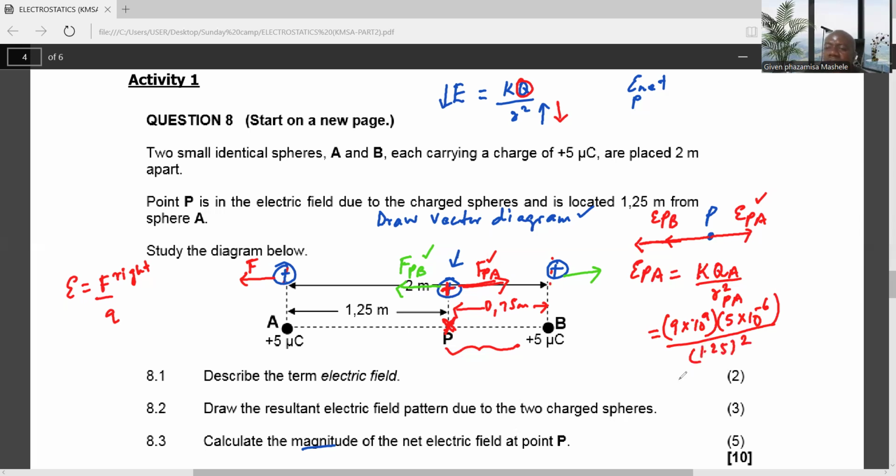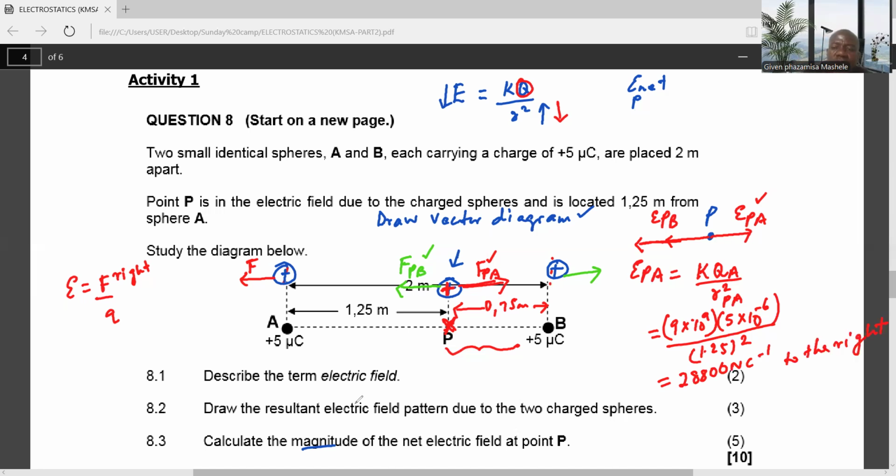So let's now calculate the electric field at P due to A. It will be 9 times 10 to the power 9 multiplied by 5 times 10 to the power minus 6 divided by 1.25 squared, because already it is in meters. This will give us 28800 Newton per Coulomb. Let's specify the direction. This is directed to the right. So we must write that this is directed to the right.